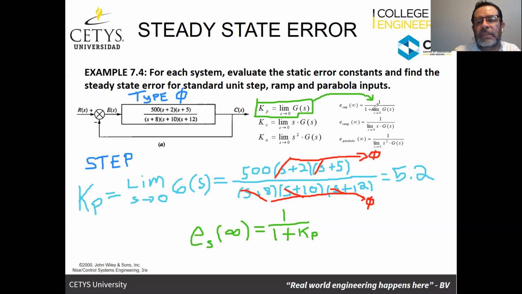That's because KP is this here. So this is equal to 1 divided by 1 plus 5.2, which is 1 divided by 6.2.